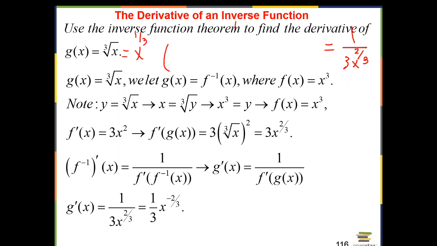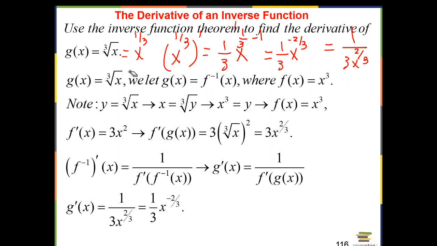So what's the derivative of x to 1/3? Well, that would be 1/3 x to 1/3 minus 1, right? Which is 1/3 x to negative 2/3. And obviously negative 2/3 goes there, you get the same thing, right?